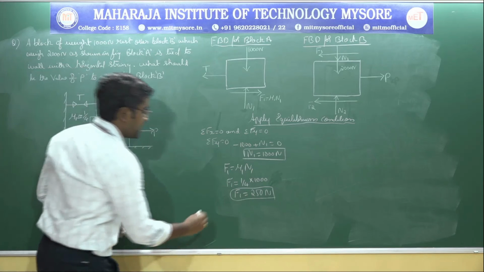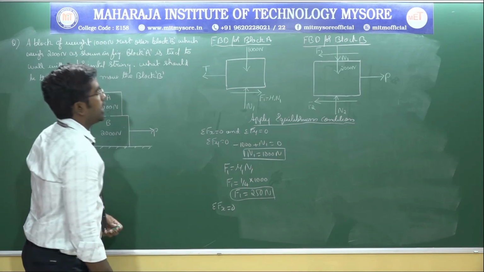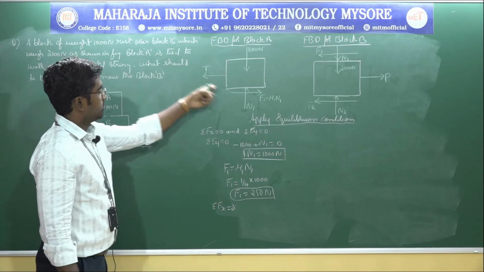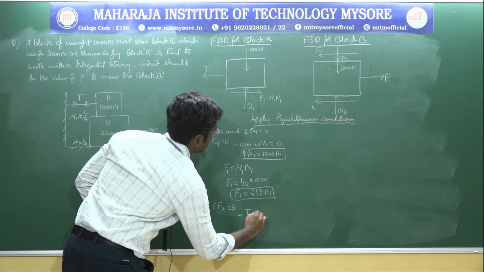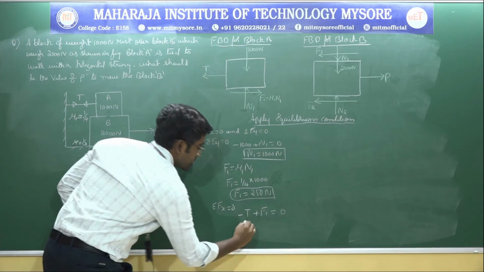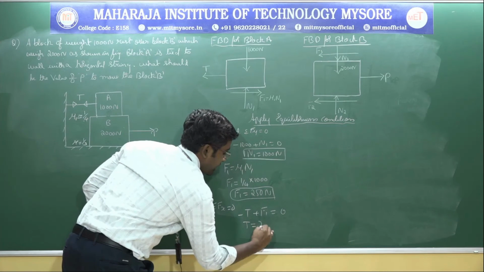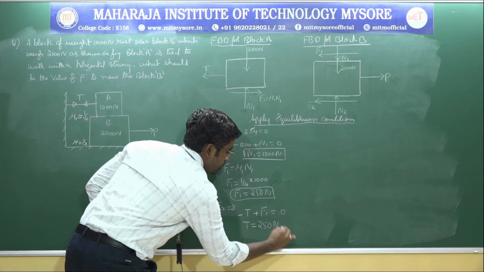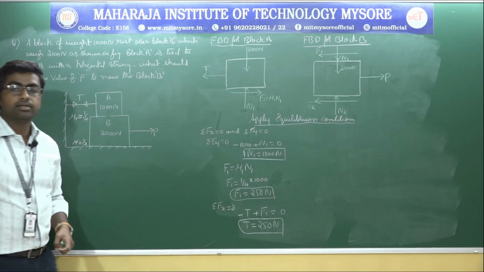Now let us apply the next condition, that is summation of Fx is equal to 0, in which there are two forces. One will be minus T, another one will be plus F1 is equal to 0. So therefore T will be equal to, F1 value is 250, therefore T will be equal to 250 Newton, right?